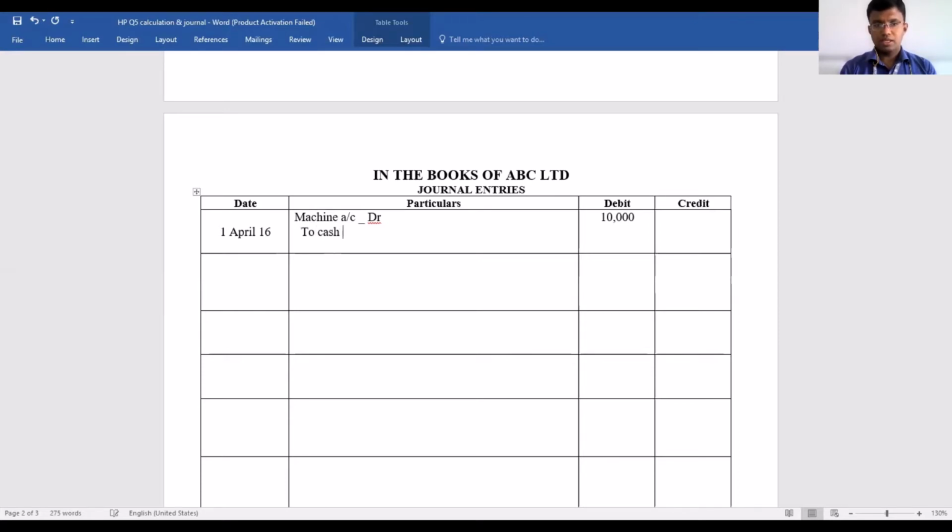Now it can be either bank account or cash account. So in this case, I'm using cash account.